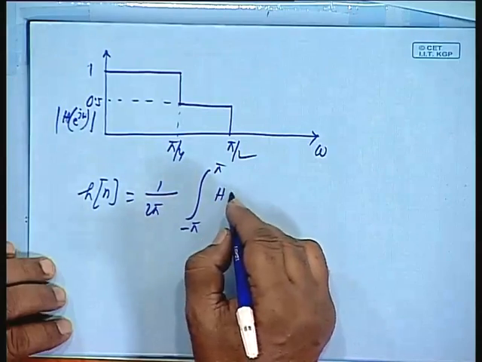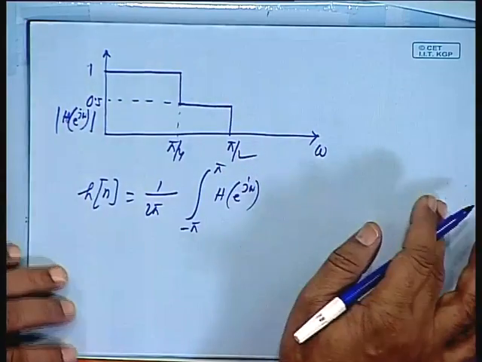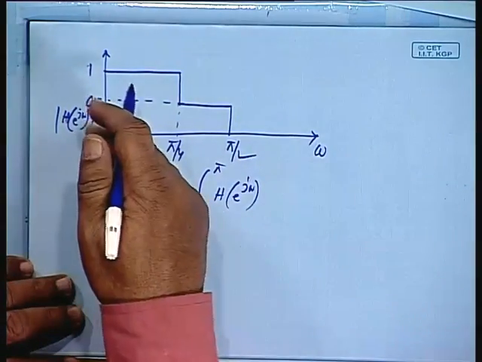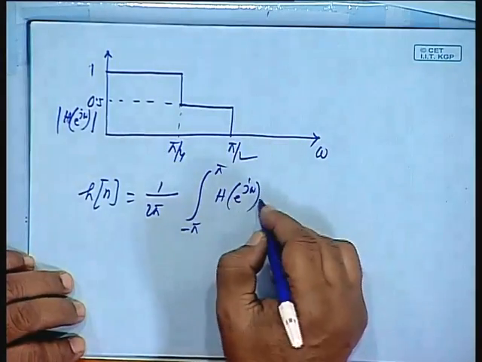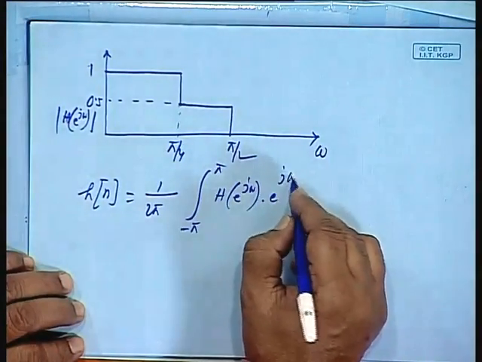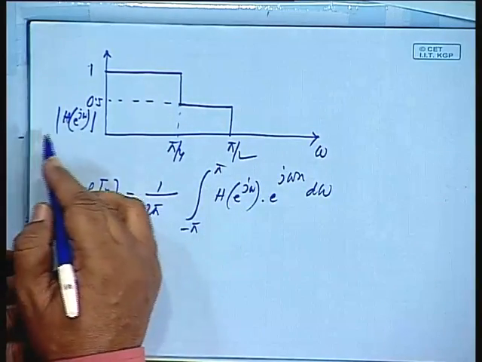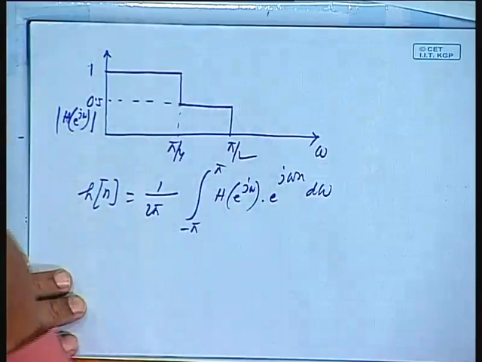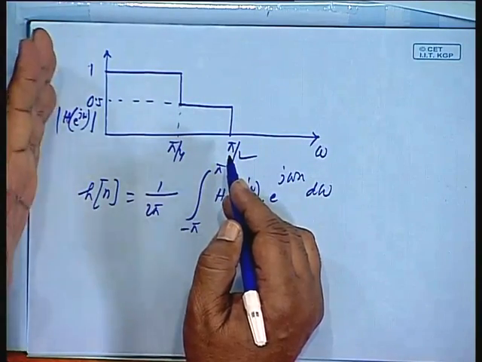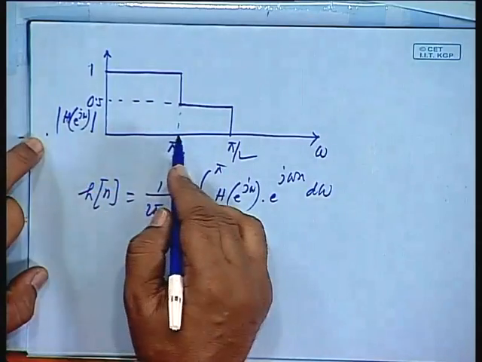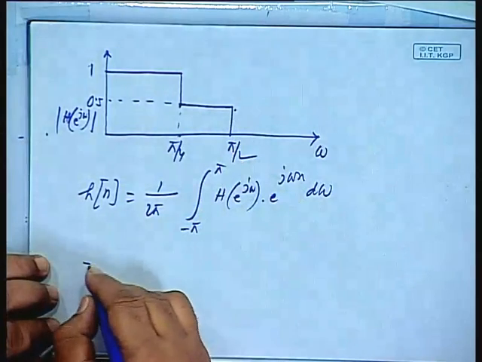The given function as it is, because we will be providing a linear phase afterwards by just having a shift, and e to the power j omega n. In this case, if I produce it backward on the negative side, it will be symmetric. So, I need to take only from minus pi by 2 to minus pi by 4, then minus pi by 4 to plus pi by 4, then plus pi by 4 to plus pi by 2. Is it all right?